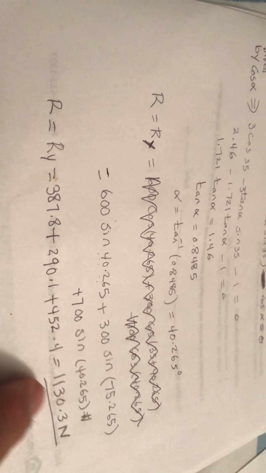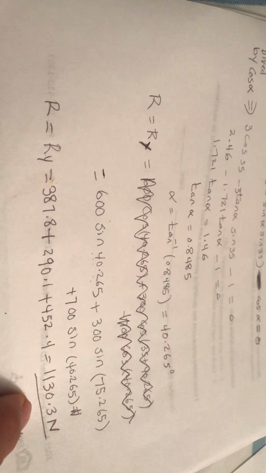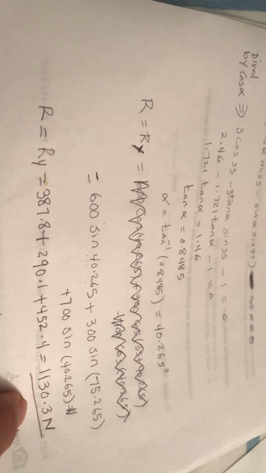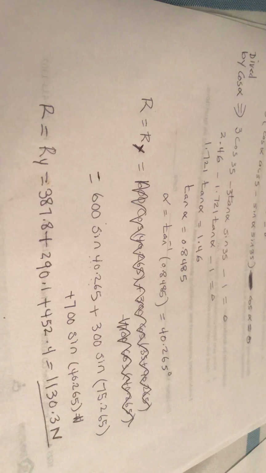Alpha is given, so you just add it up, and you'll end up with the resultant Ry equal to 1130.3 Newton. This is the answer for question number 2, and that is an easy question too. Thank you.